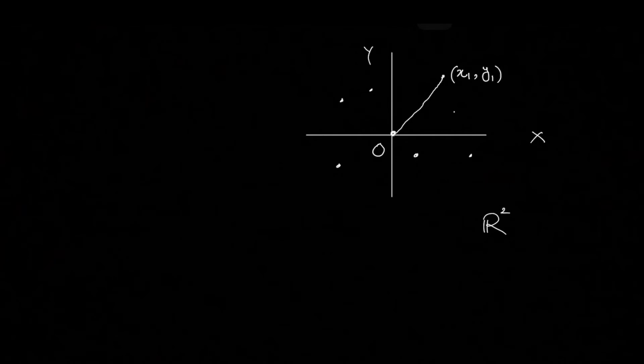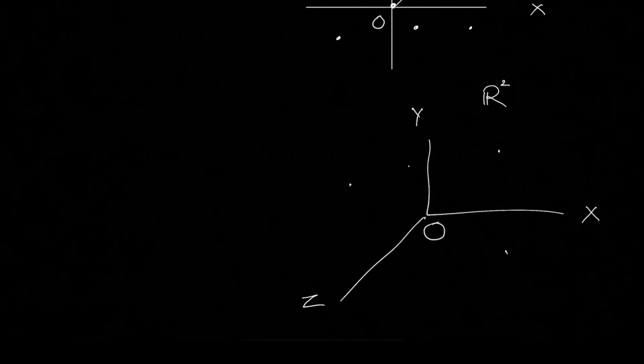Similarly for R3, suppose this is the x-axis, y-axis, and z-axis, and this is the origin. Take any point; it will have coordinates x1, y1, z1.